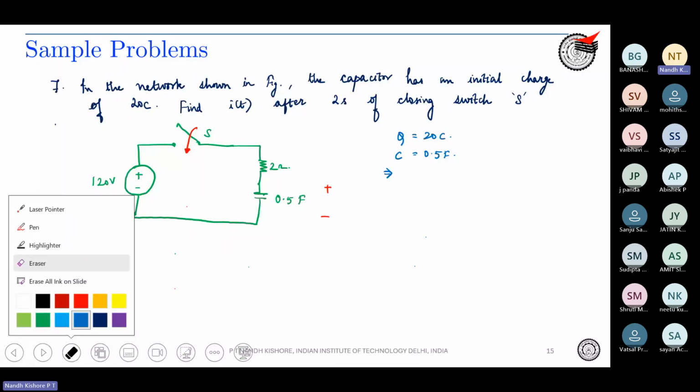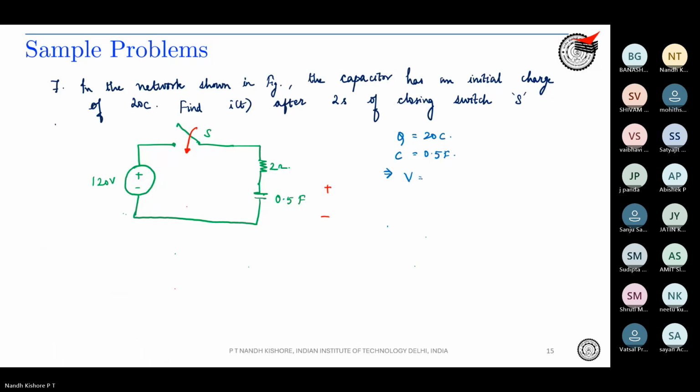Q is equal to CV, right? So V is equal to Q by C, that is 40 volts. The capacitor is initially charged up to 40 volts already.